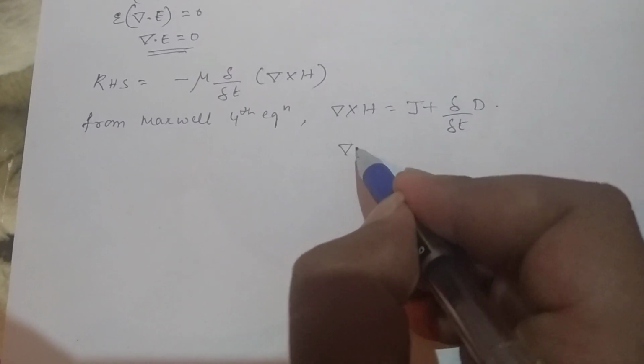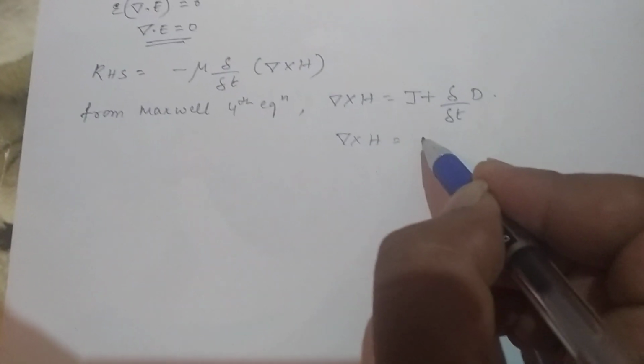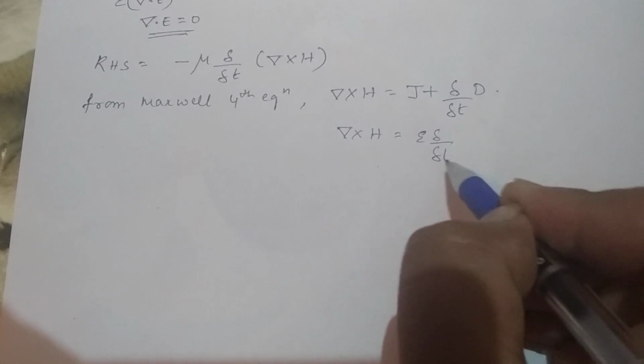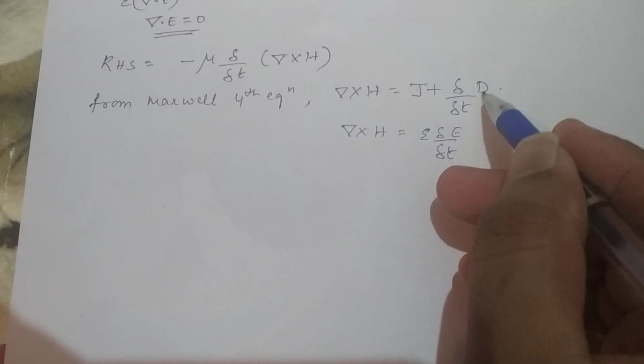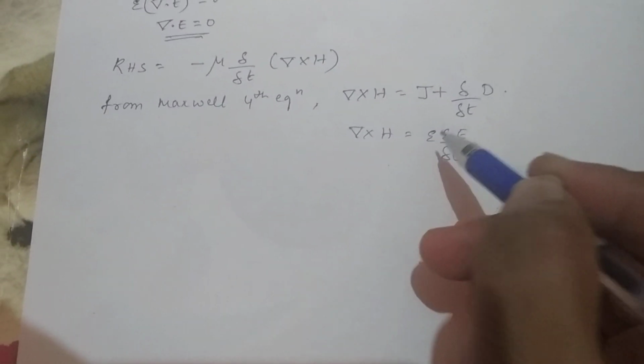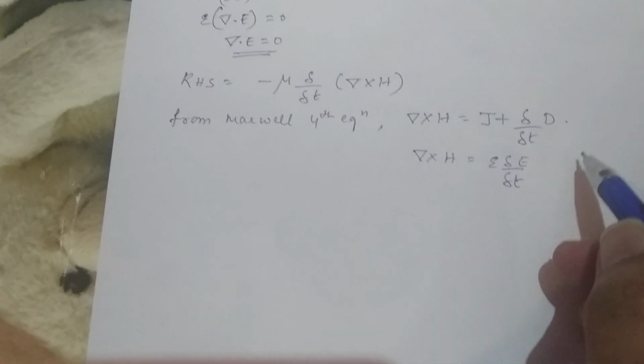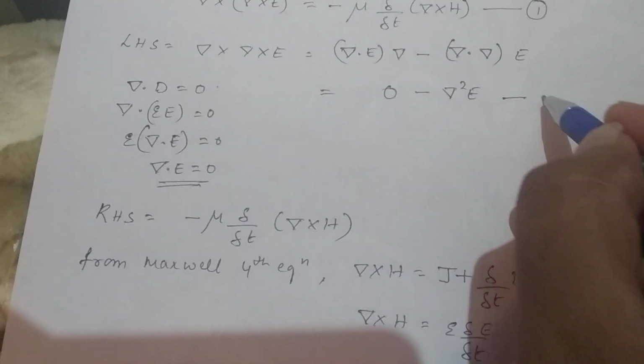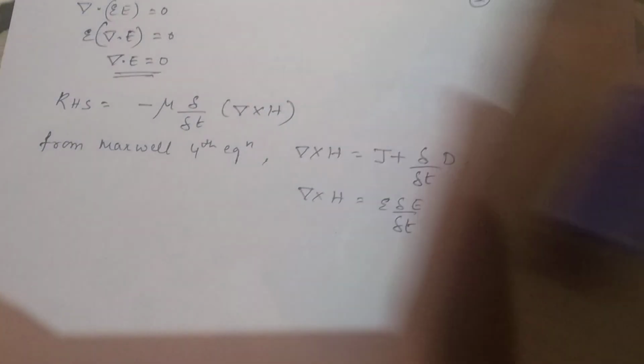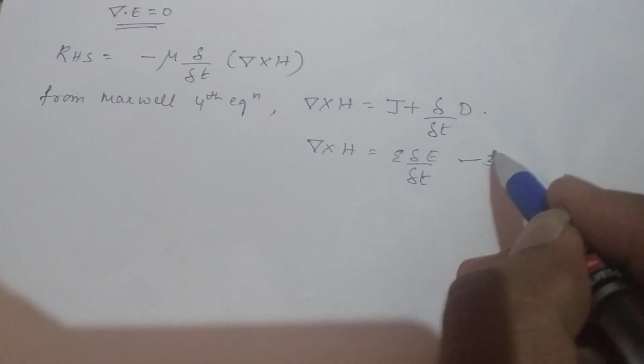So curl of H is equal to epsilon dou by dou t of E, because D is nothing but epsilon E, and epsilon is constant. Take this equation as 2. We'll consider this as equation 3.